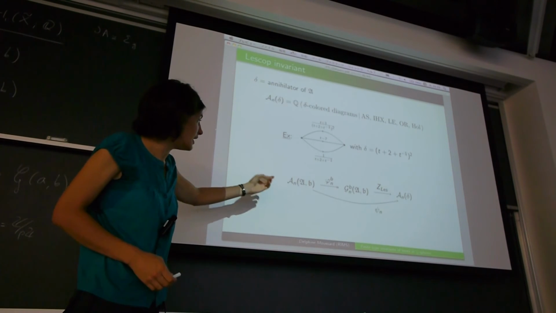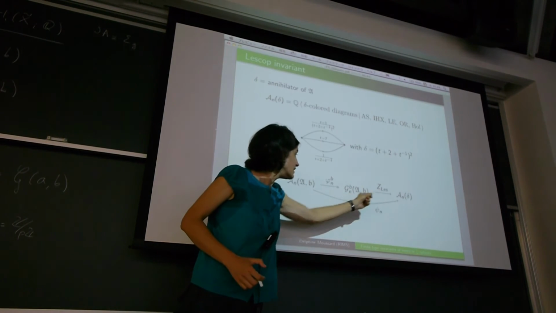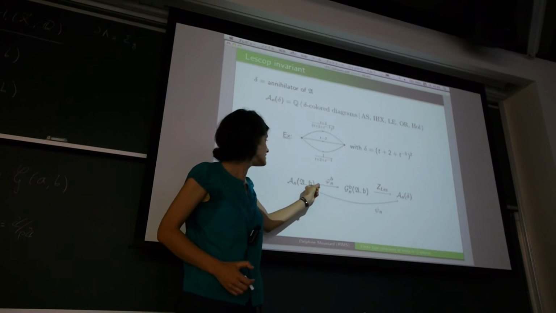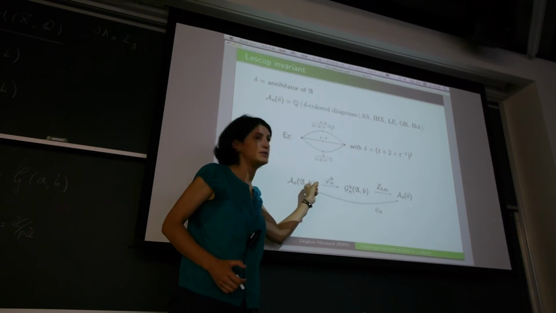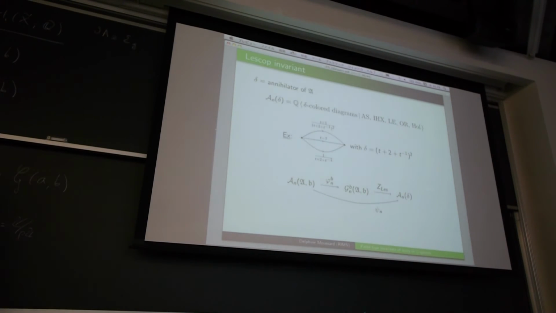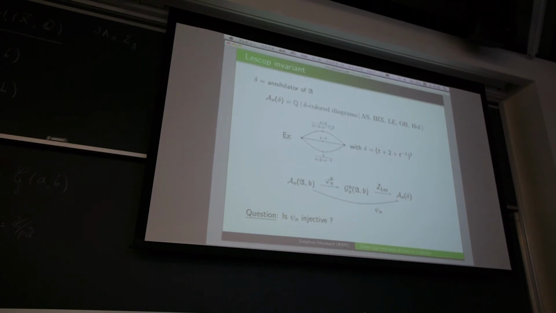The idea is that if we can prove that this composed map psi n is injective, then this one will also be, of course. And so our question becomes, is psi n injective?